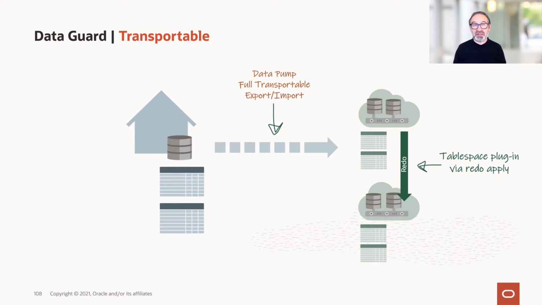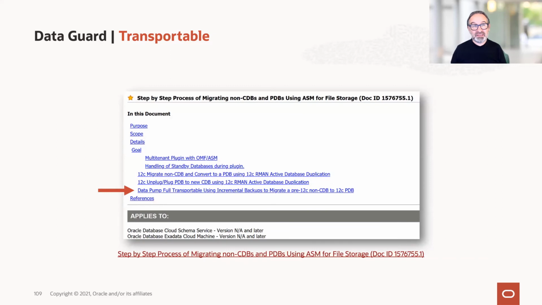So you see, even that, very seamless, very straightforward. You just have to keep in mind that you restore your files not only to the primary side, you need to restore your files also to the standby side. And you find all this in the step-by-step processing of migrating non-CDBs to PDBs. In ASM file storage, there's a Data Pump full transportable export/import with even incremental backups used here.